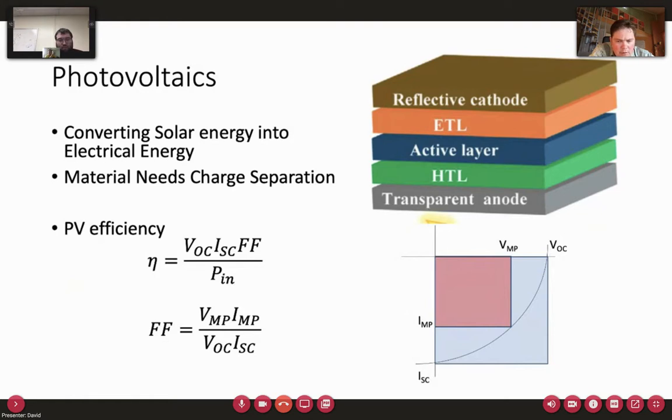What's the meaning of this figure? This is an IV curve. Above this curved line is the maximum energy that we could theoretically get from a material.